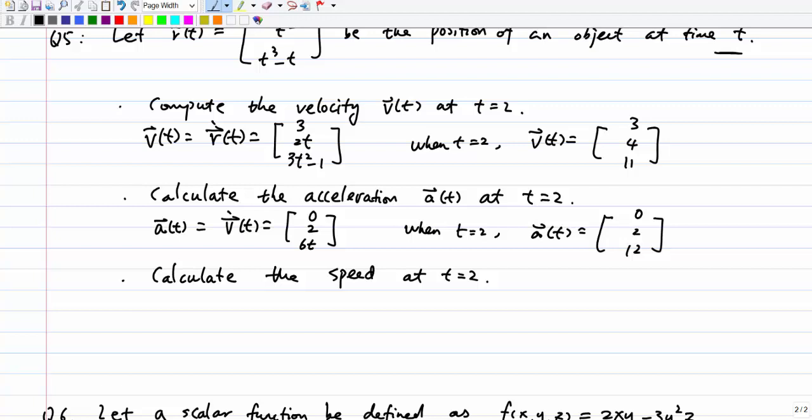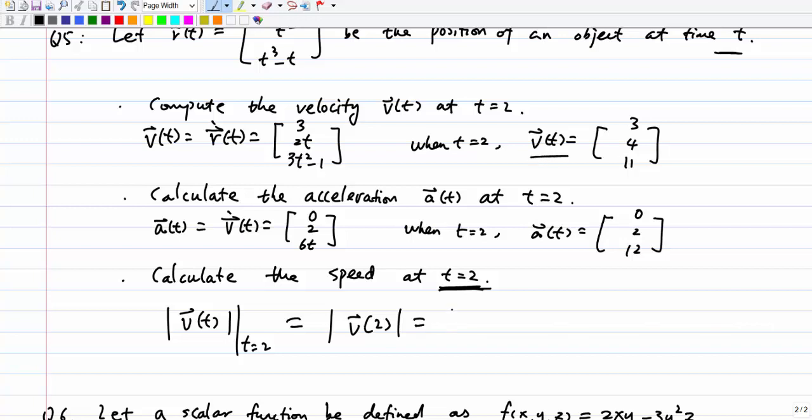Okay. The last one is to calculate the speed at t equals 2. The difference between speed and velocity is that speed is only how fast we're moving. It doesn't matter about direction, whether it points backward or forward. So only the magnitude. So the speed is just the magnitude of my velocity at time 2, which is the same as the magnitude of v of 2. v of 2 is already calculated over here, which is 3, 4, 11.